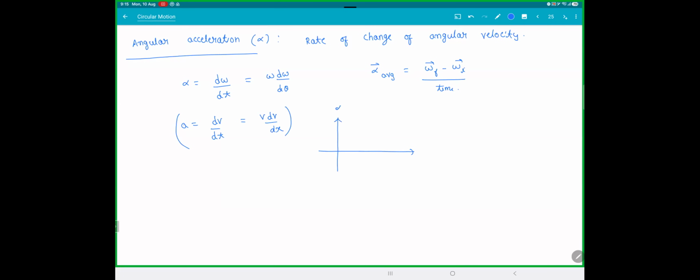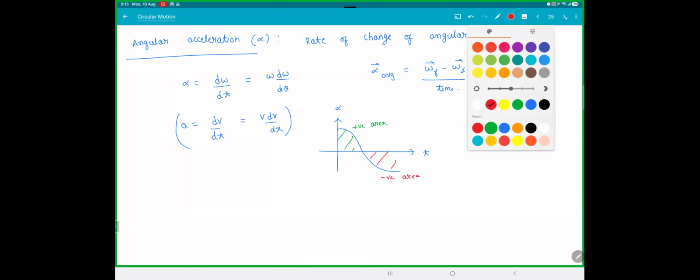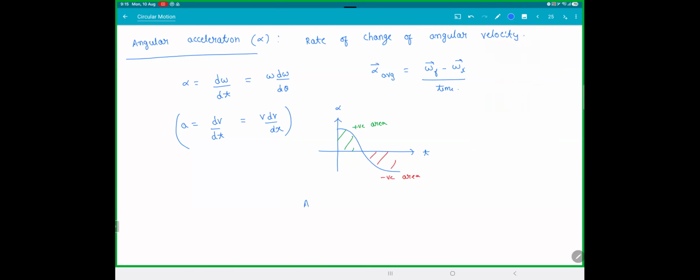If you draw a graph of alpha versus time, this is the positive area. This is your negative area. Again, exactly like an a-t graph. So area under the alpha-t graph will give you change in angular velocity.